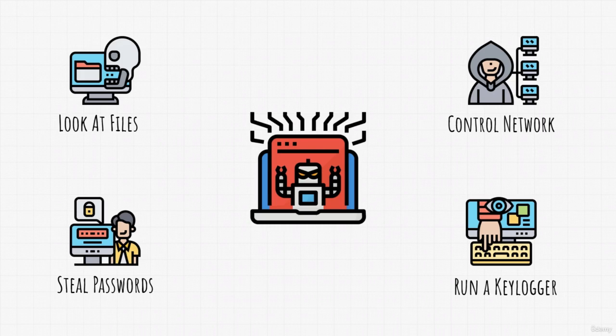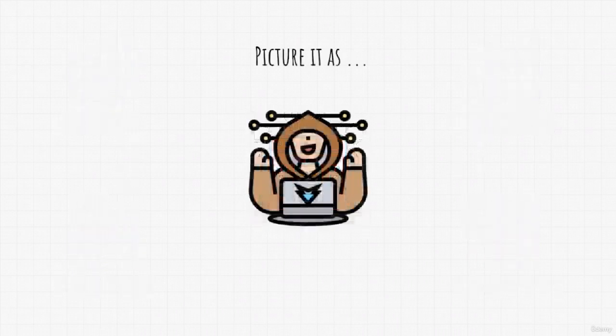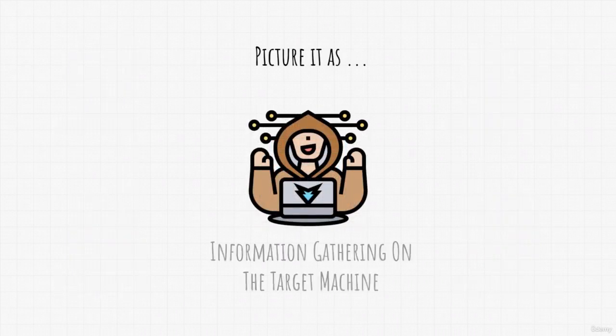So with this, not only could we maybe capture some passwords that the user of that machine would input in some secured website or software, but we would also be able to see everything else that he or she typed, from what they searched on the internet to maybe the messages that they're sending on social media from that machine, or basically anything that they type on the keyboard, we will be able to see it. Amazing, right? You can picture post-exploitation as some type of information gathering on the target system.